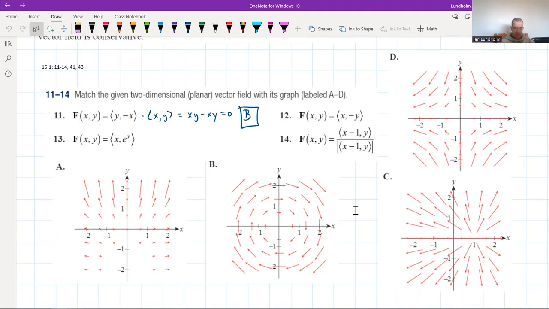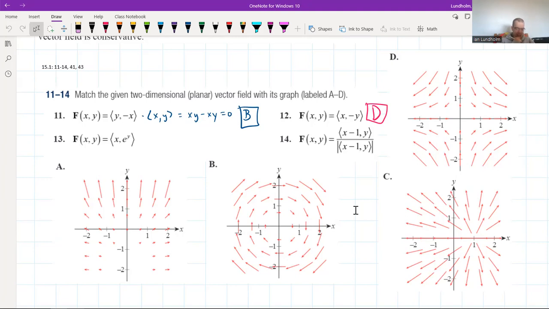And so this one ends up being D. Notice that as you go farther out, the x values get more pronounced in all of those vectors. And the higher up that you go, the more down that the vectors go; the lower that you go, the longer the vectors that are pointing up. And so that matches D.